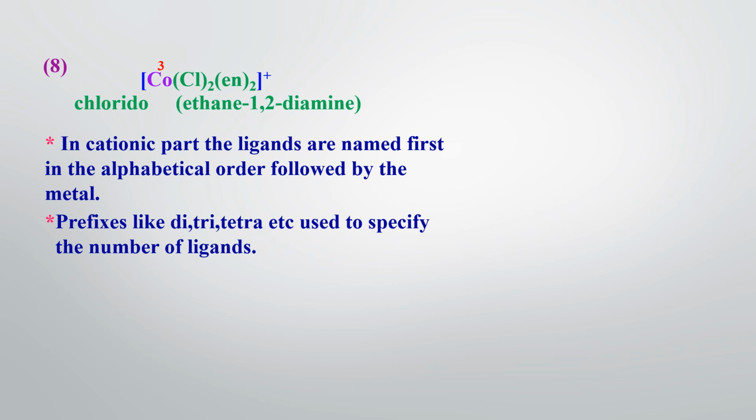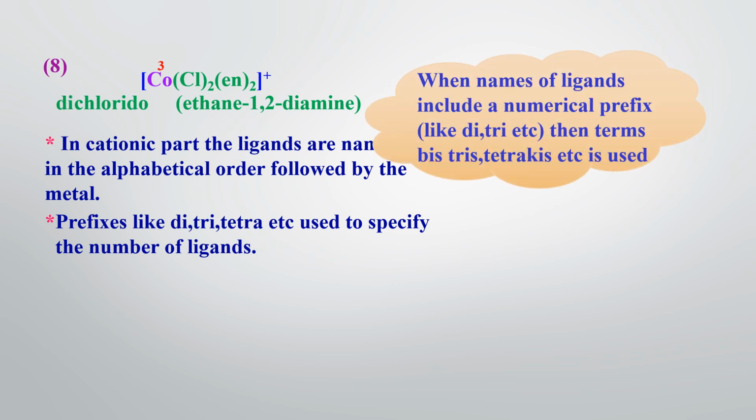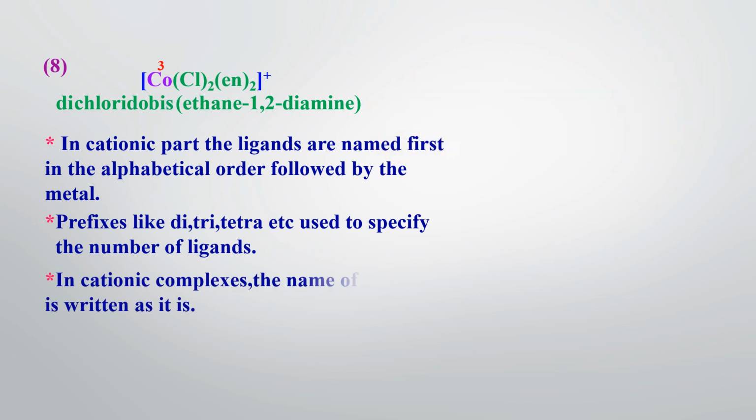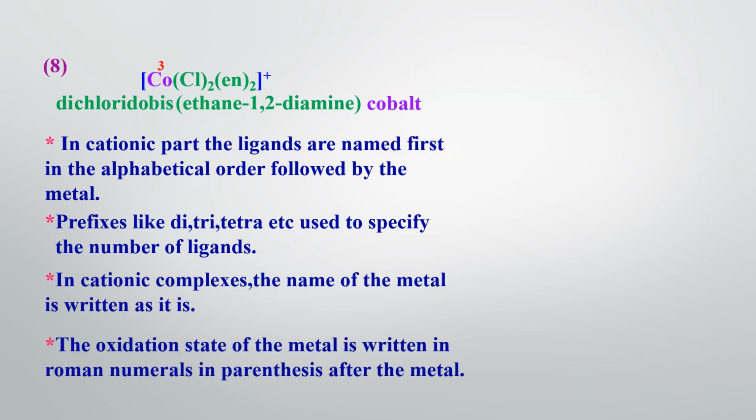Here 2 are there, so we use bis. So dichloridobis(ethane-1,2-diamine)cobalt(III). Only cobalt 3 it is.